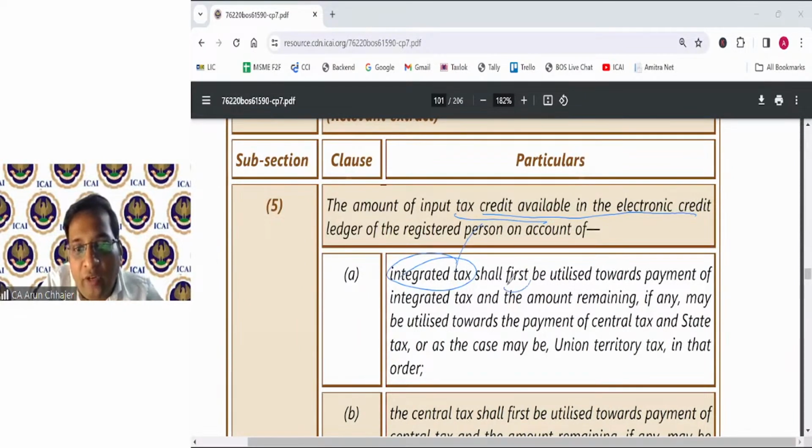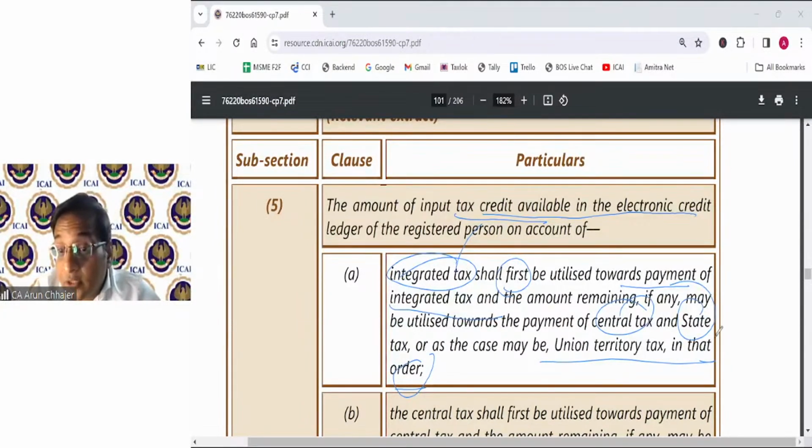IGST ka. Shall first be utilized towards the payment of obviously I, and the remaining, if any, shall be given to C and S in that order. So currently they are talking about first it will go to C, then it will go to S in that order. This order has been changed by section 49A and by section 49B by rule 88A.